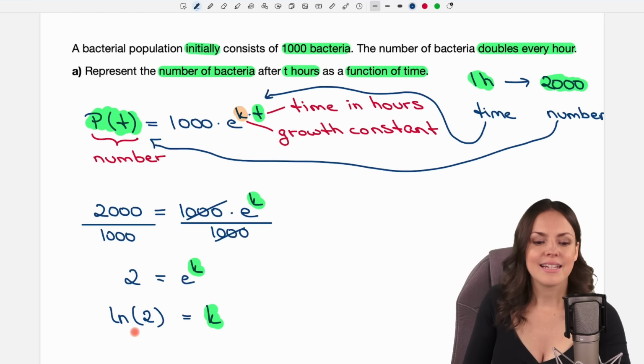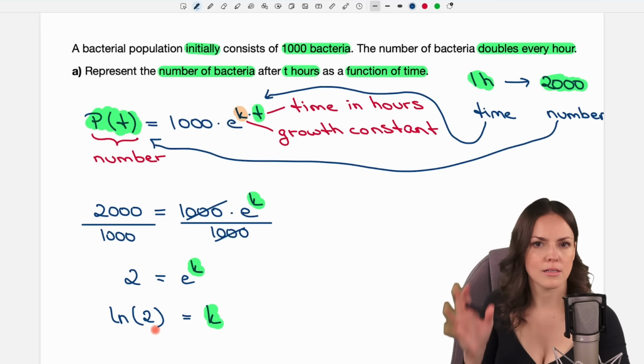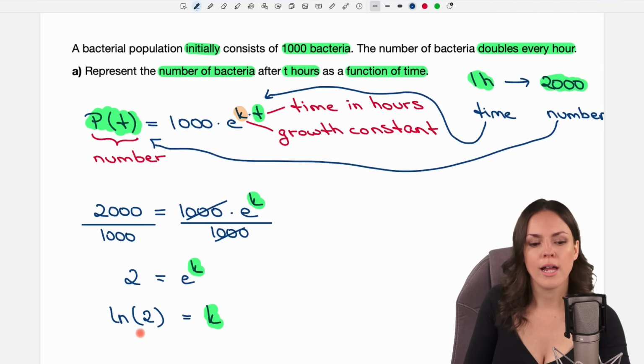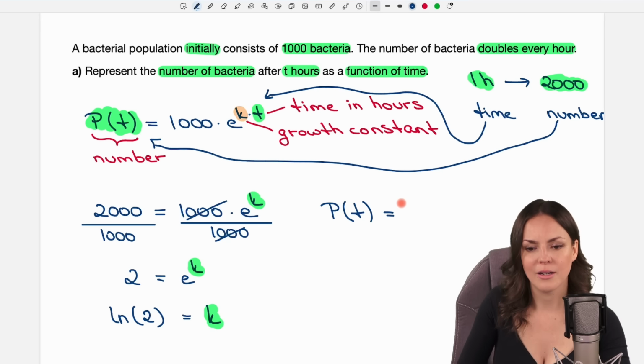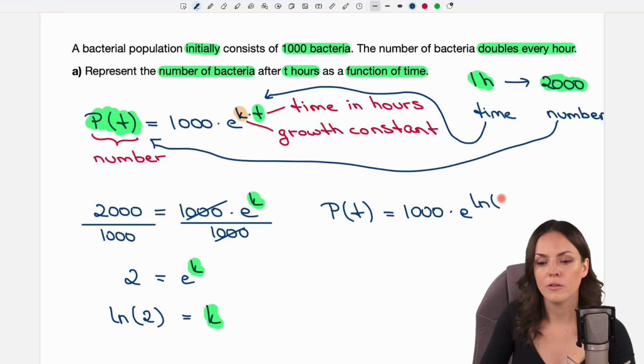This is the exact value, and I would prefer to use the exact value. Of course, you can always put it in your calculator and get some decimal number, but this is more accurate. So I'm going to use ln of 2 for our k, so that our function p of t looks like this now. 1,000 times e to the power of, instead of k, we're going to insert ln of 2.